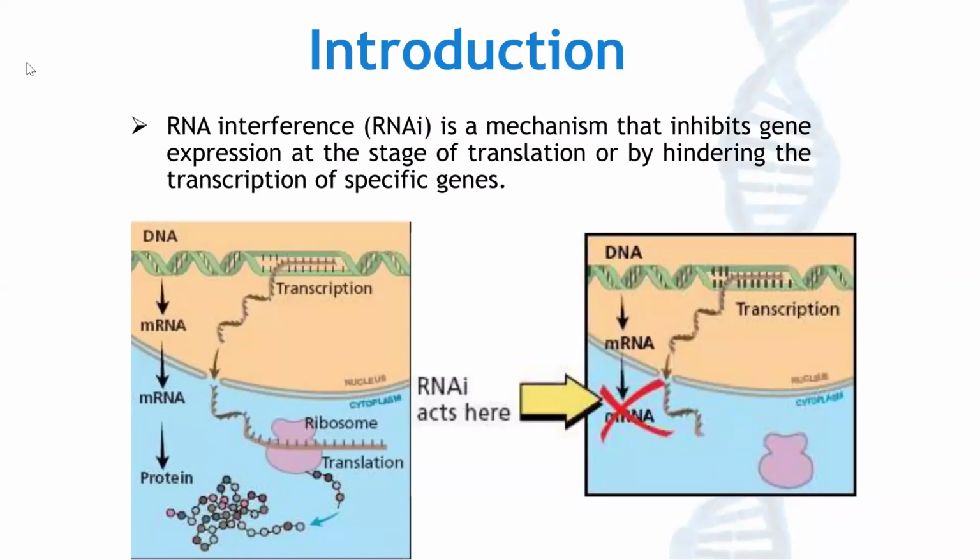For example, remember in the central dogma of molecular biology, we have DNA, and the DNA is converted to mRNA, and then the mRNA is transported from the nucleus to the cytoplasm. So transcription usually takes place in the nucleus, while translation usually takes place in the cytoplasm.